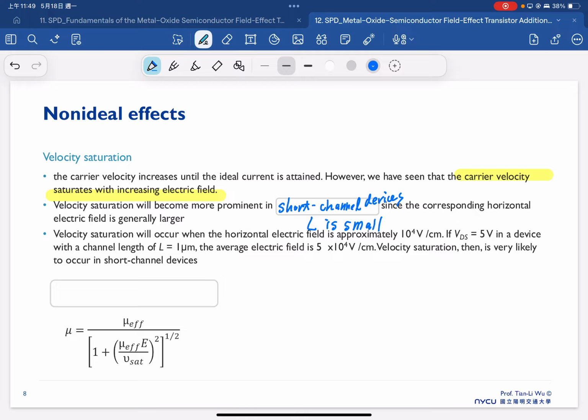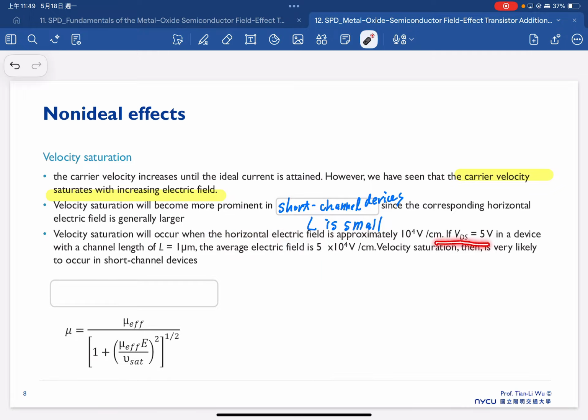And since we apply the same drive bias on the drain side, if the channel length is reduced, then the effective electric field becomes larger. So the velocity saturation will occur when the horizontal electric field approximately reaches 10^4 volts per centimeter.